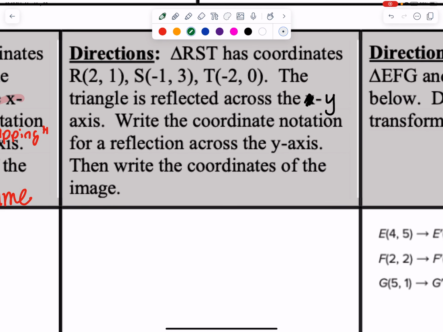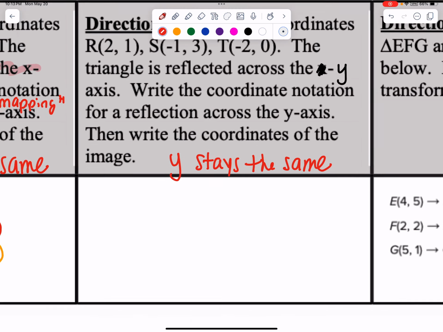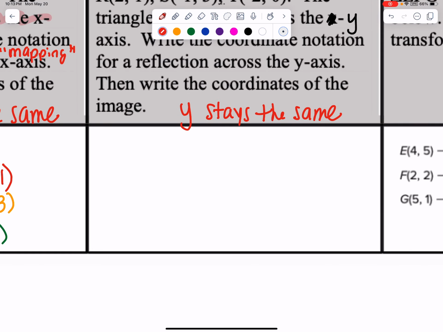Okay, let's take a look at this one. It says triangle RST has those coordinates, and it's reflected across the y-axis. Okay, so what do you know? Reflect across the y, y stays the same. Okay, all right, so write the coordinate notation for the reflection across the y-axis and the coordinates of the new image.